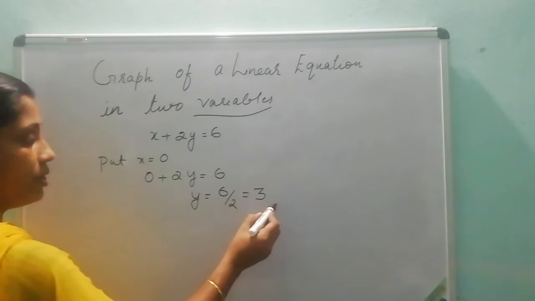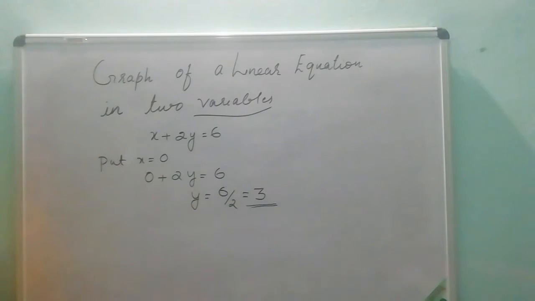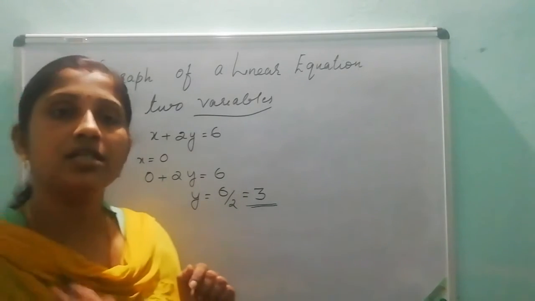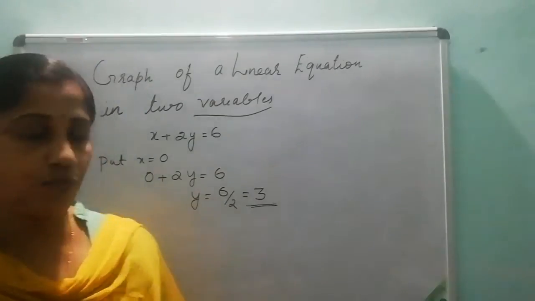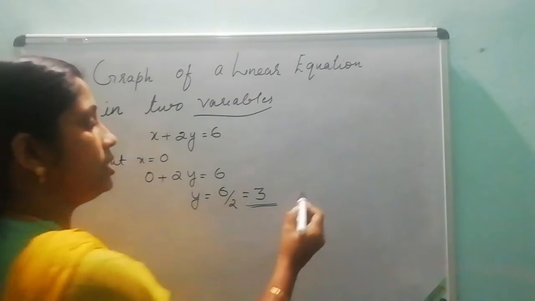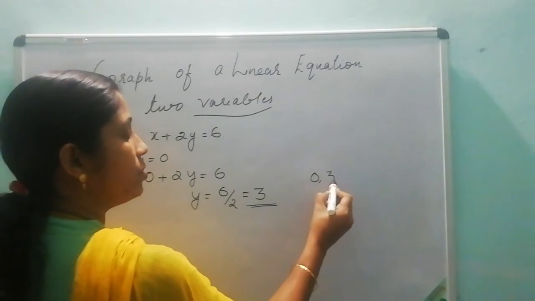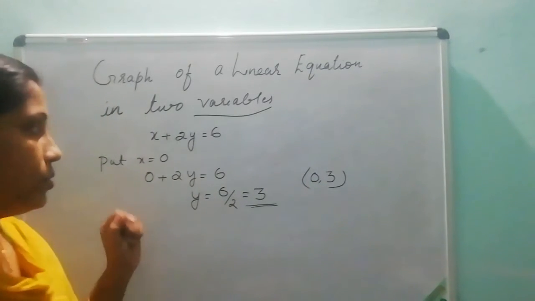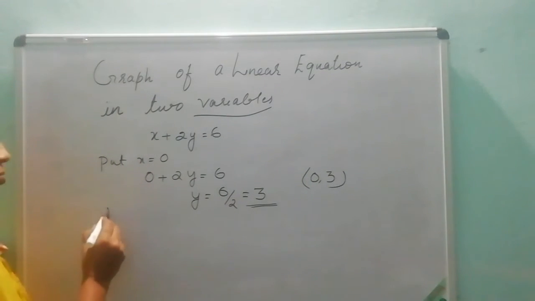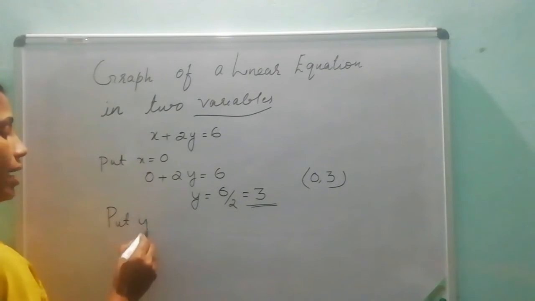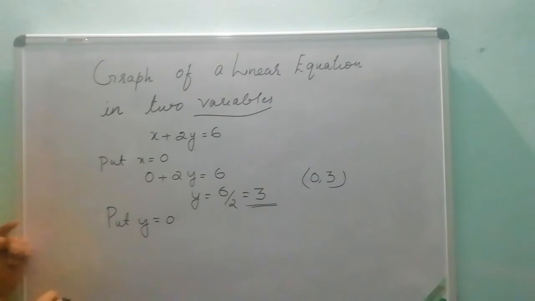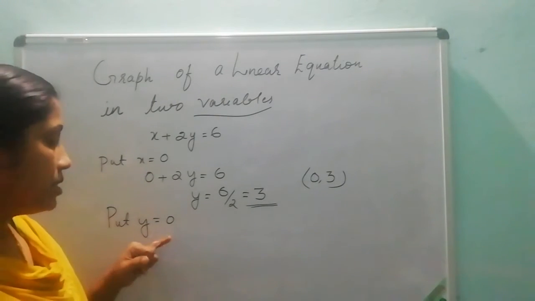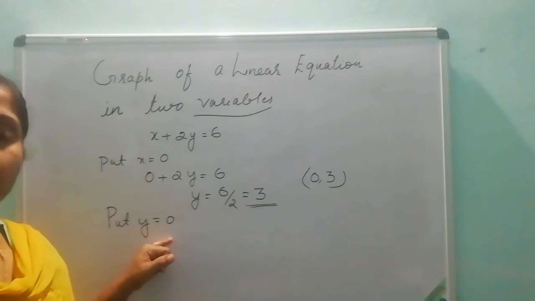One solution we got. At least a minimum of two solutions is needed to draw a graph here. So, first we got one solution, that is (0, 3). Then for the second solution, let us put y is equal to 0. It is easier to calculate if we put x is equal to 0, and for finding the second value we can put y is equal to 0.